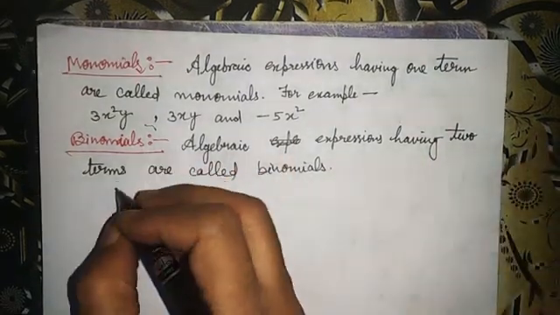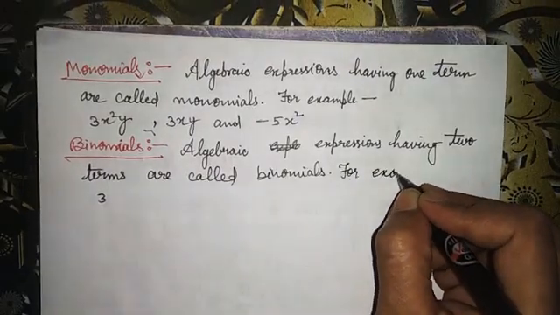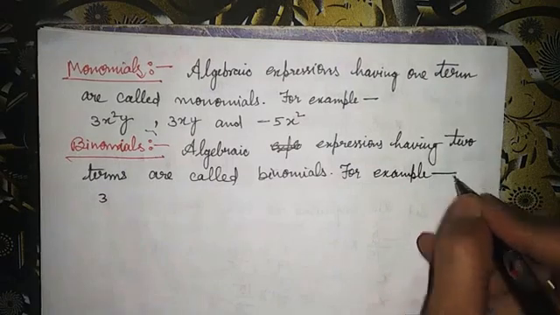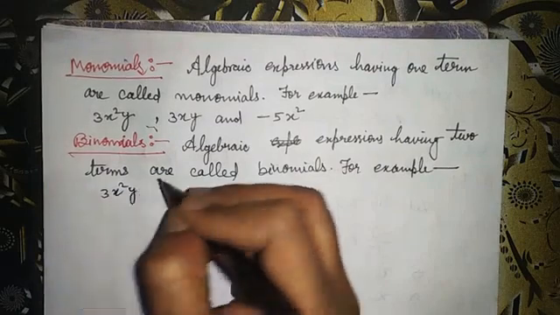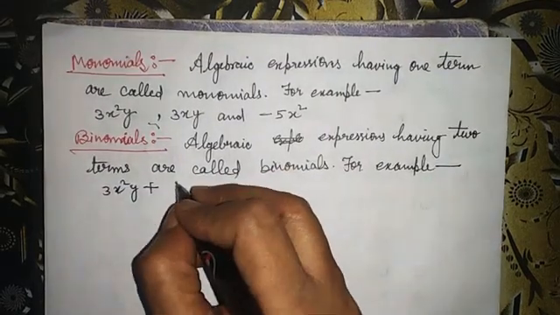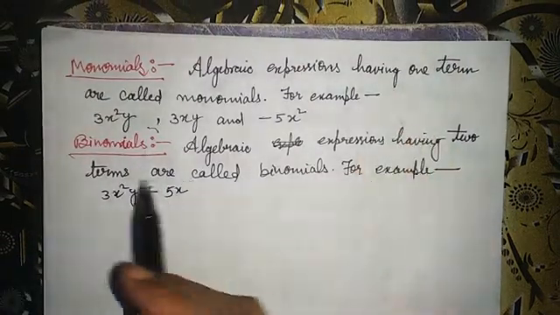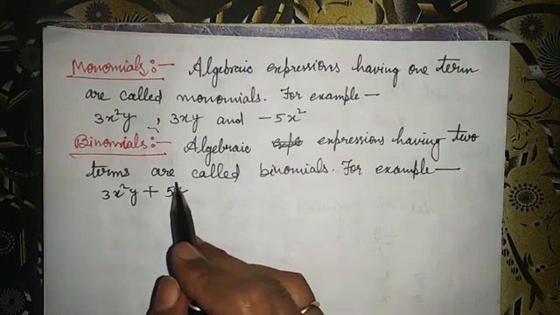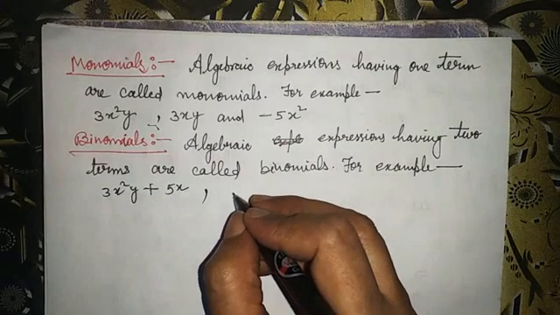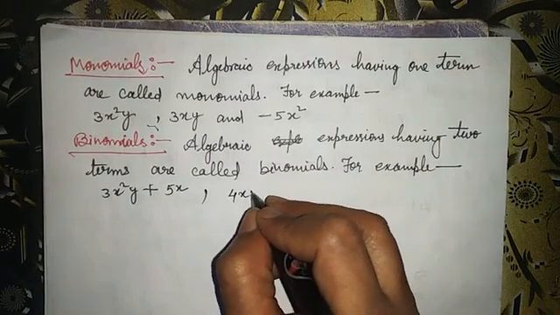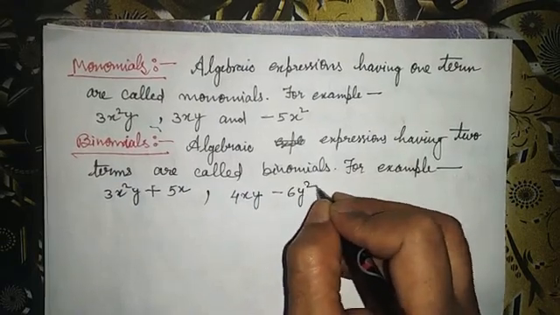For example, 3x square y plus 5x. In this expression you can see two terms. First term is 3x square y and the second term is 5x. Now see one more example: 4xy minus 6y square.